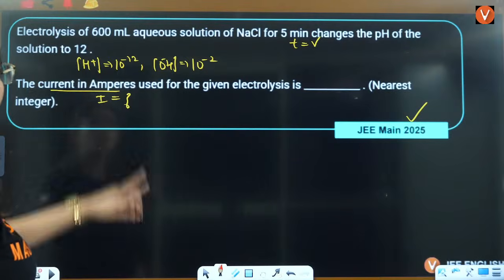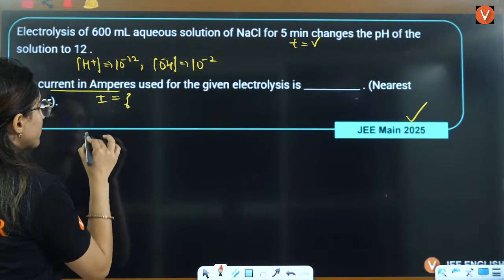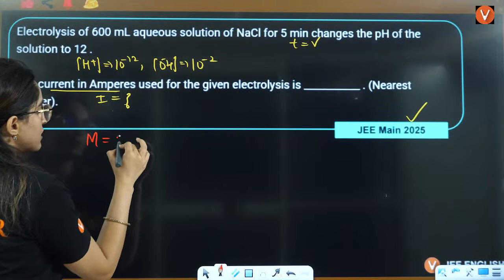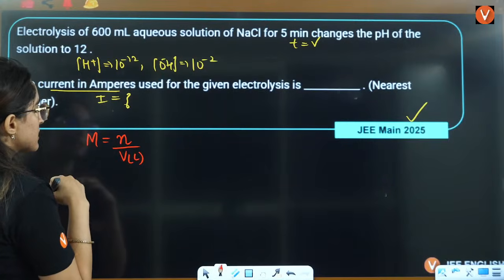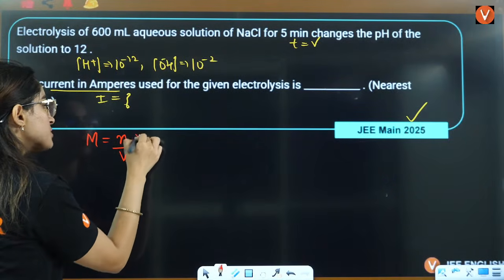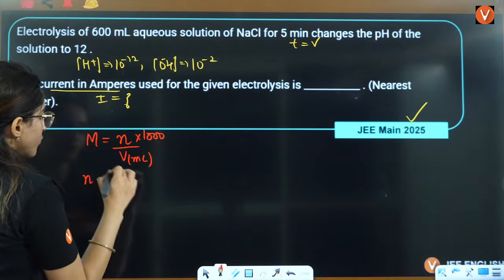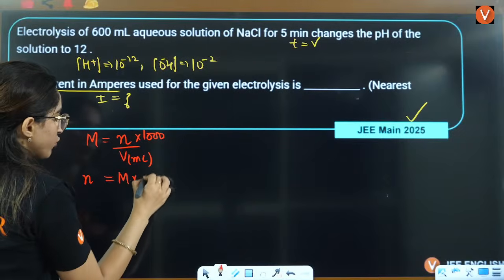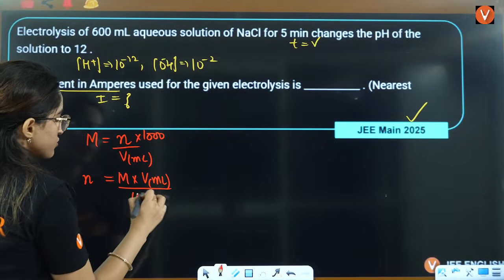Volume is given, and the concentration. Now tell me one thing: we know that molarity is equal to number of moles divided by volume in liter. If volume is in milliliter, this will be divided by 1000. So the number of moles is molarity into volume of solution in milliliter divided by 1000.